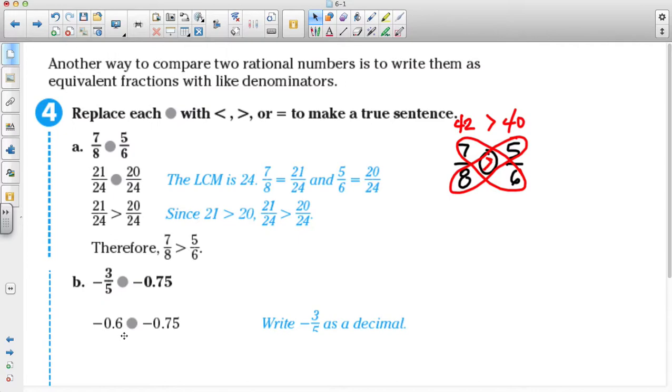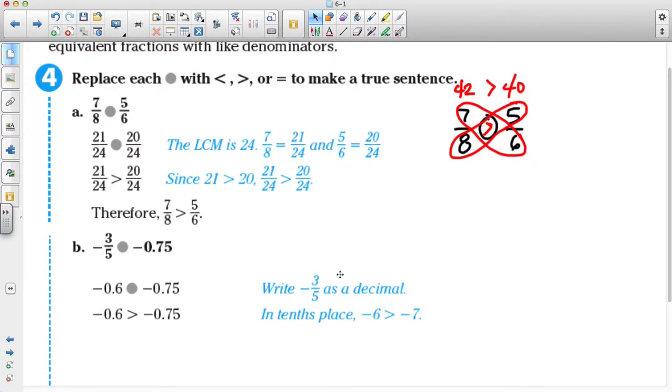If you notice, as we start comparing digits from the left, 0 is equal to 0, so we move on one digit to the right. 6 is less than 7, and since this is a negative number, 0.6 is to the right of 0.7, so we know that negative 0.6 is greater than negative 0.75, because negative 6 in the tenths place is greater than negative 7.